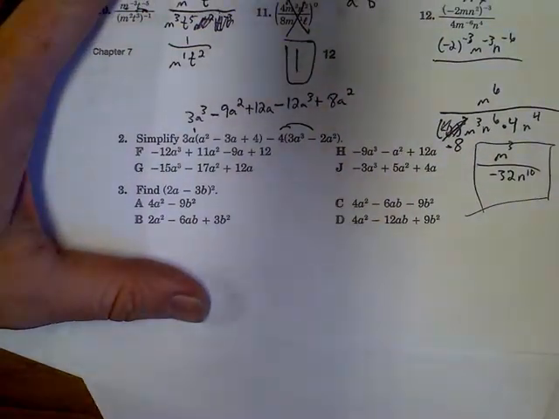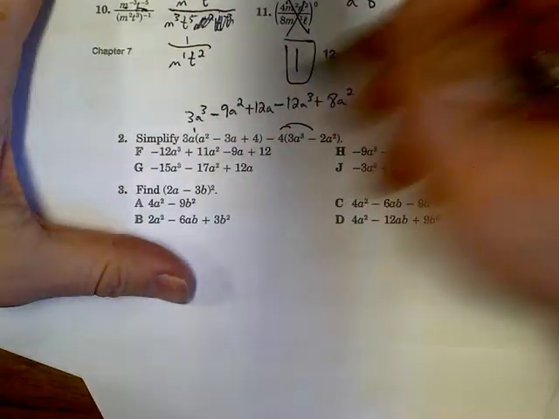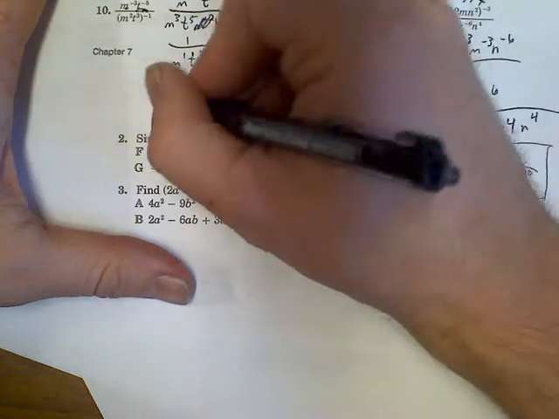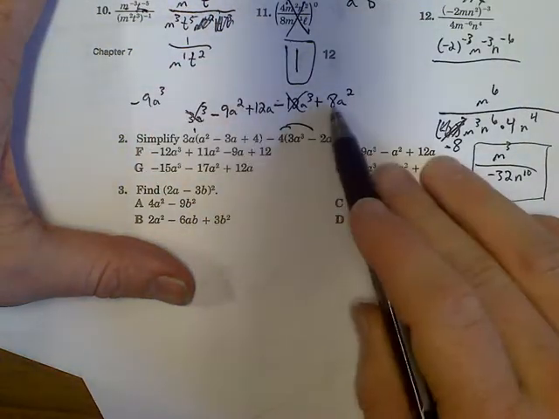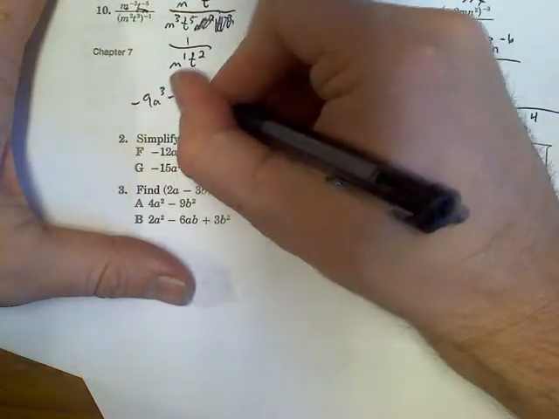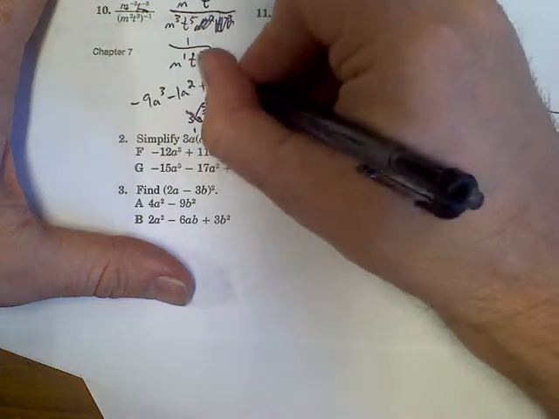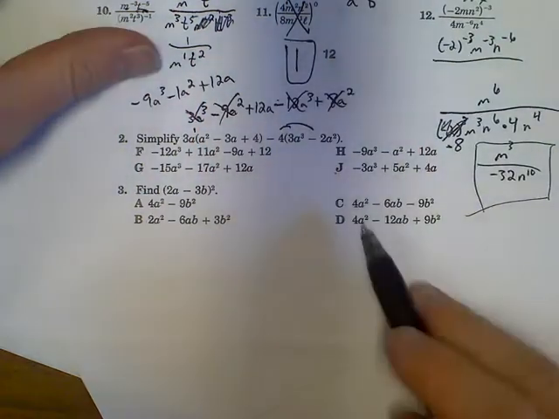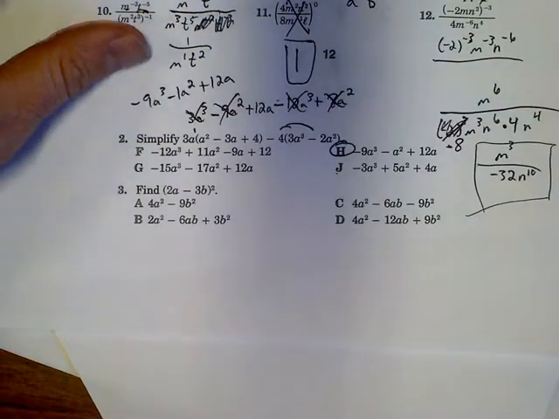Now I can combine like terms. 3a to the 3rd minus 12a to the 3rd becomes negative 9a to the 3rd. Negative 9a squared plus 8a squared becomes minus 1a squared. And then I have 12a left. So negative 9a to the 3rd minus a squared, so it has to be h. Let me make sure I put it, yep.